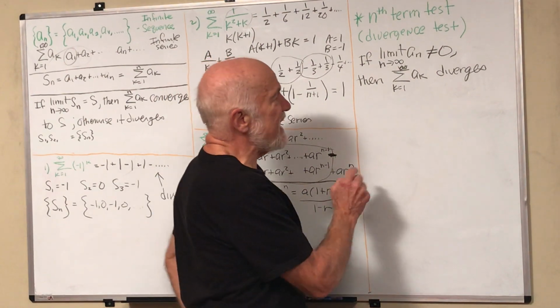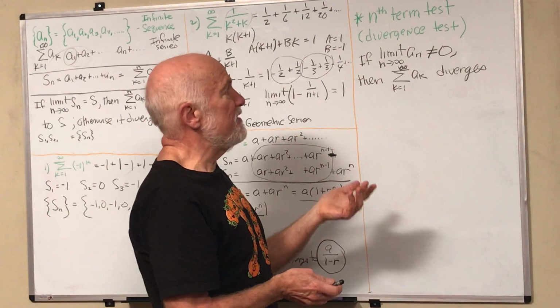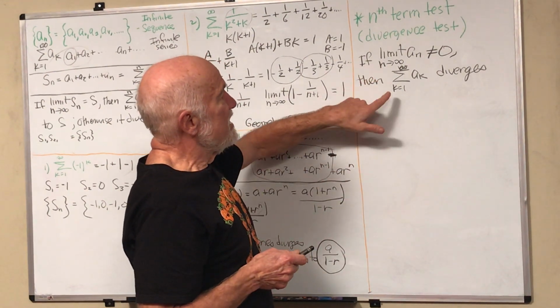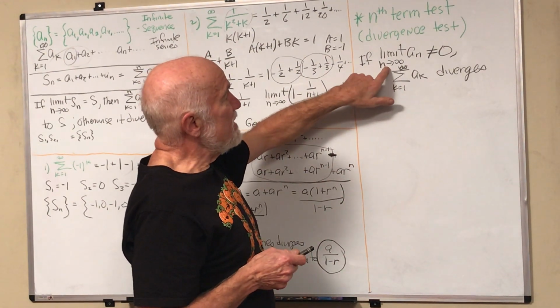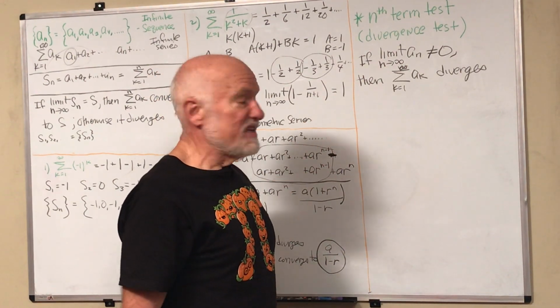Now, the question you might ask, does it go the other way around? Is this if and only if? In other words, what if the limit does equal 0? Does that mean the series converges?